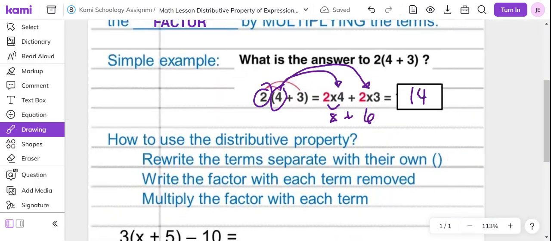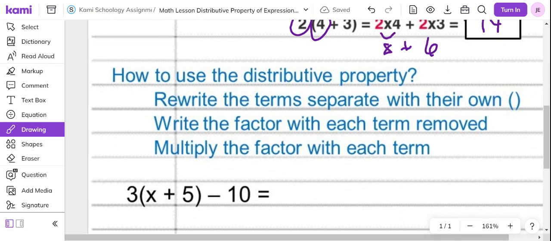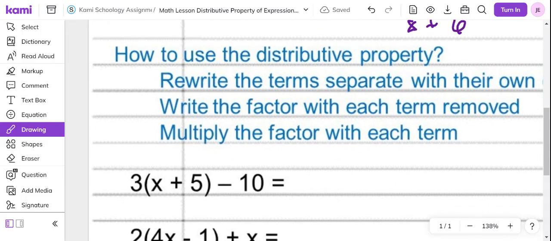So we can use this idea when we have variables within the parentheses, and we can distribute the factor even when variables are involved. So how are we going to use the distributive property? Well, first we're just going to focus on rewriting the terms and after we separate them, give them their own parentheses.